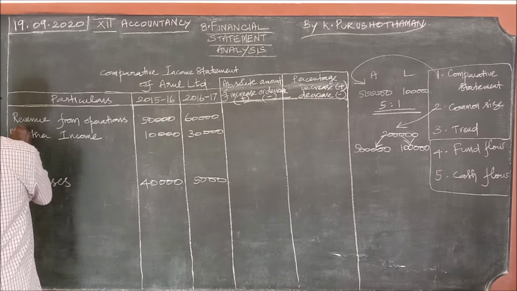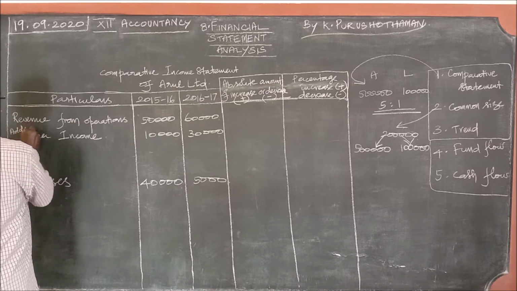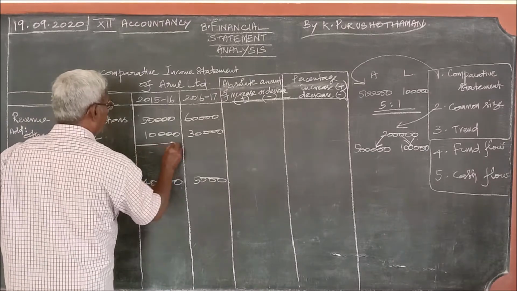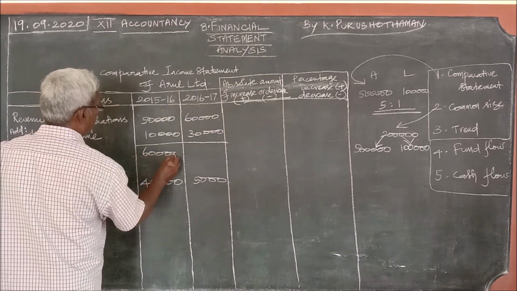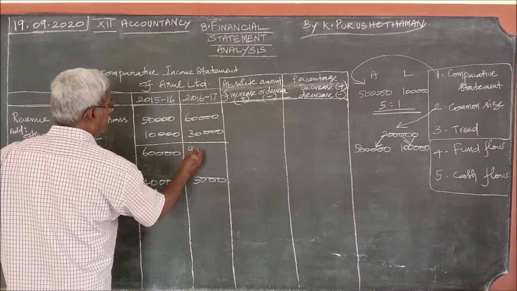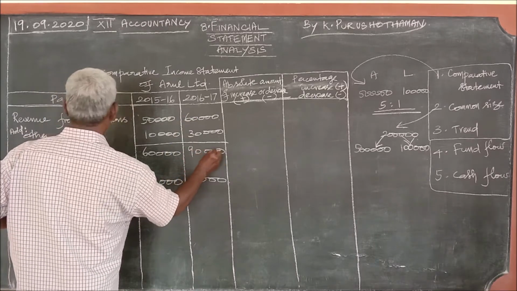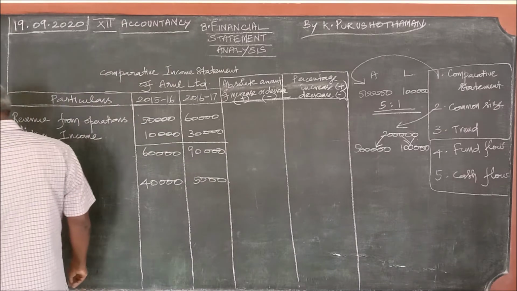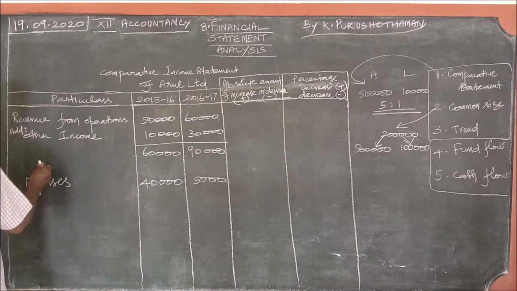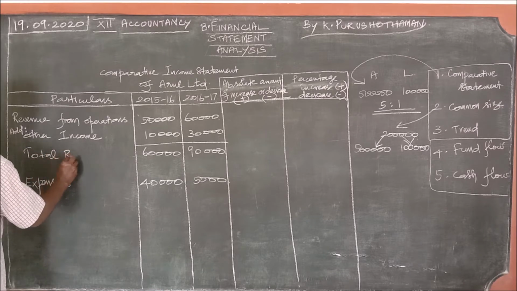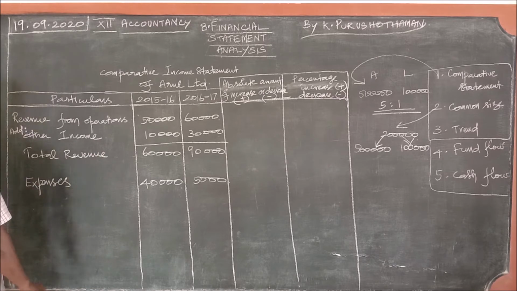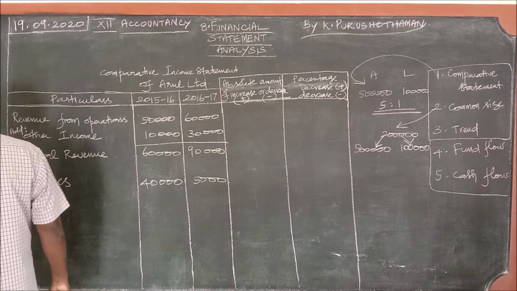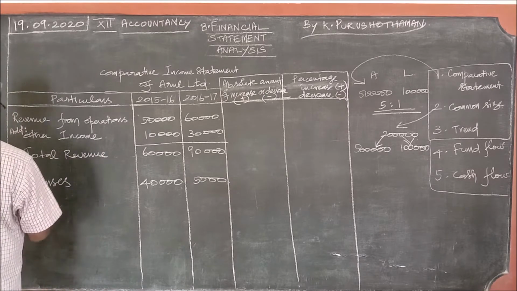You add to find the total income: 60,000 and 90,000 here. Against it we can write total revenue.